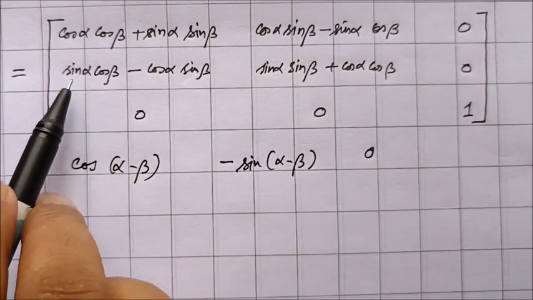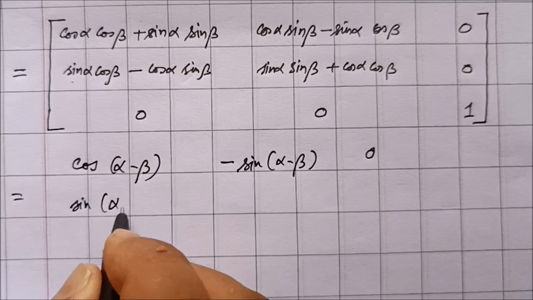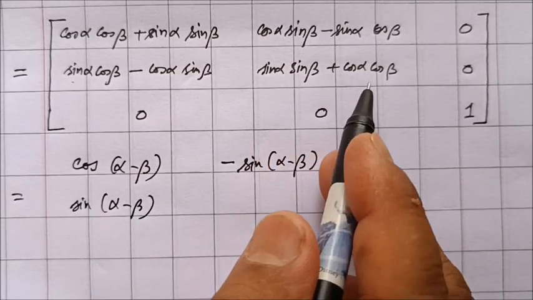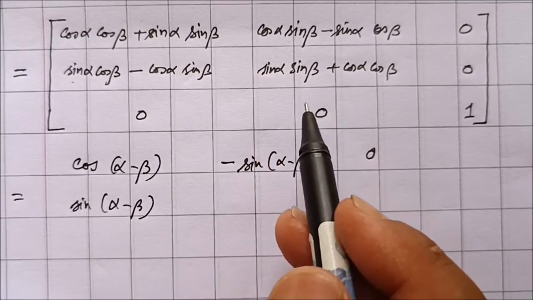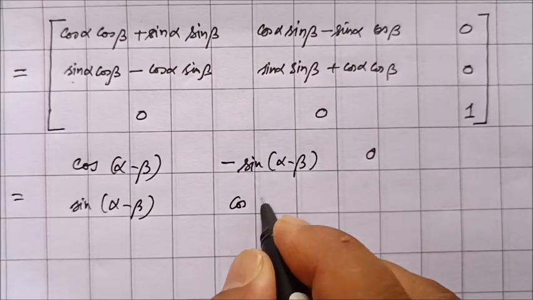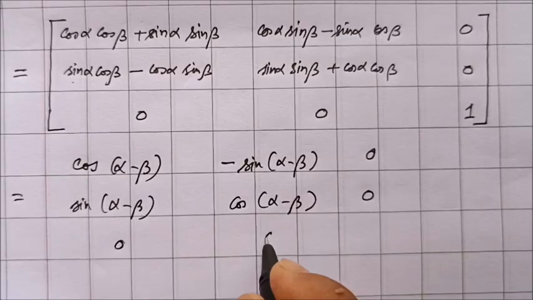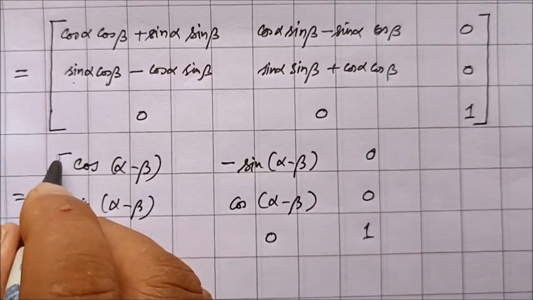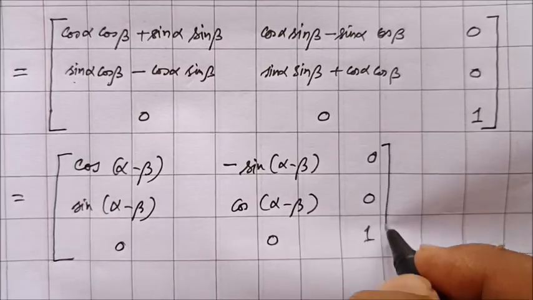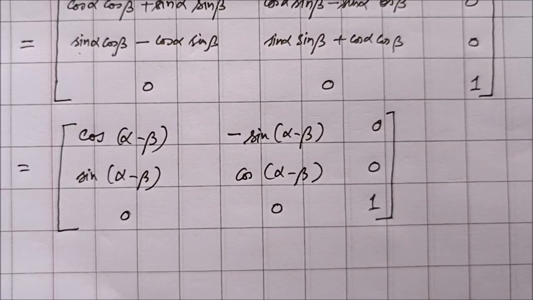Here sine alpha cos beta minus cos alpha sine beta, we will write down sine of alpha minus beta. Here again cos alpha cos beta plus sine alpha sine beta, that means cos of alpha minus beta, 0, then 0, 0, 1. So this is what we get. And as you see in the question, what was given?